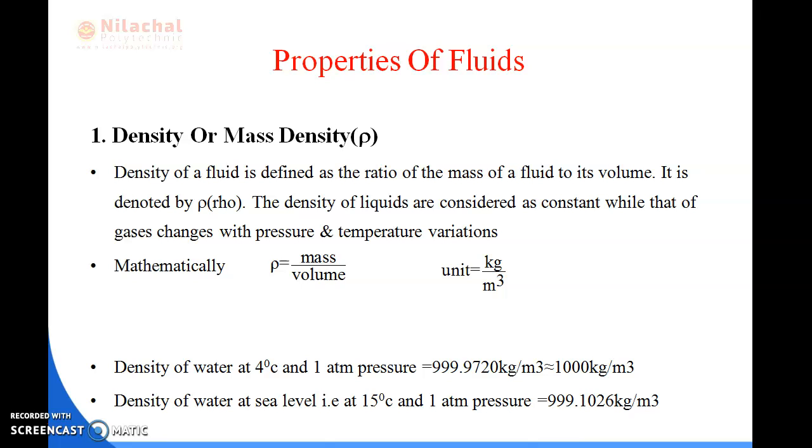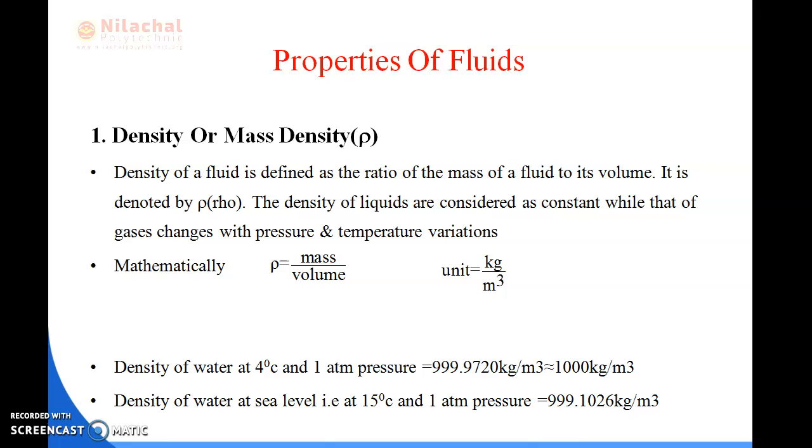For that reason the density is constant, but gas is a compressible substance. That's why the density of a gas varies with respect to pressure and temperature. So this is the definition of density.